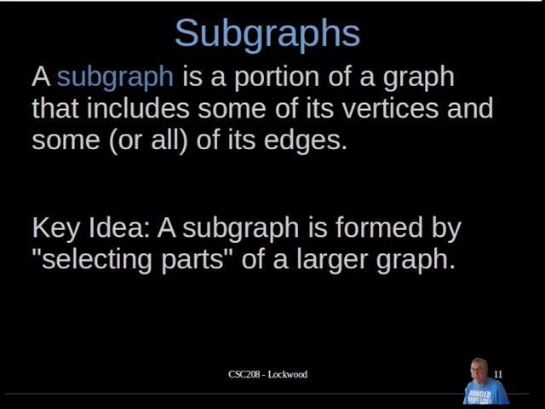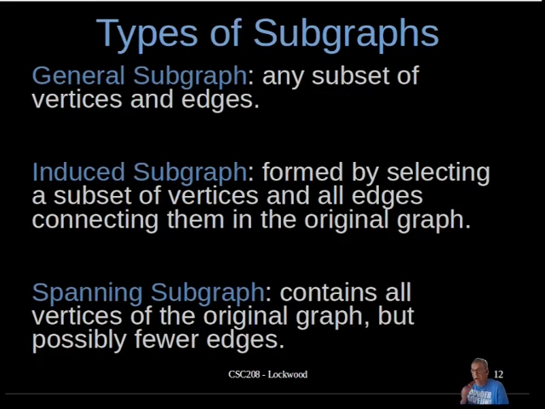The key idea here is a subgraph is formed by selecting parts of a larger graph. There are, however, several types of subgraphs. A general subgraph is just any subset of vertices and edges. An induced subgraph is formed by selecting a subset of vertices and all the edges connecting them in the original graph. And a spanning subgraph contains all the vertices of the original graph, but possibly fewer edges.